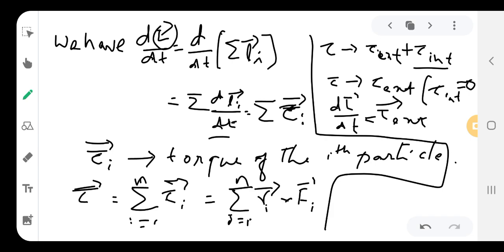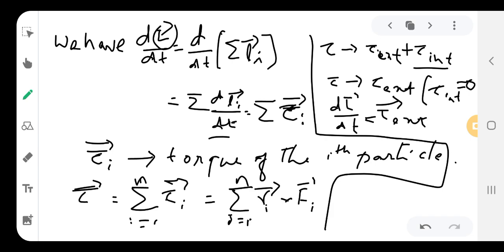We can define this as: the time rate of change of total angular momentum of a system of particles about a point is equal to the sum of the torques due to external forces acting on the system, taken about the same point. So this is the conclusion for the torque and the angular momentum of the system of particles.